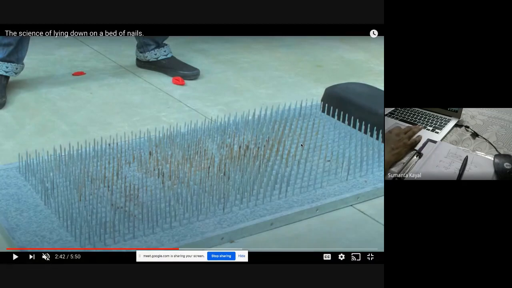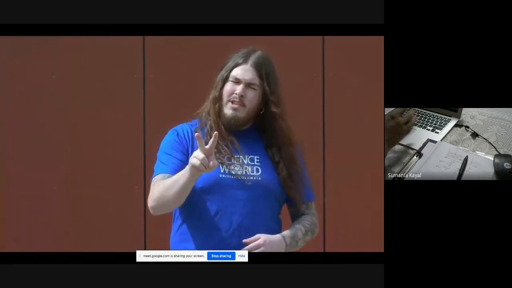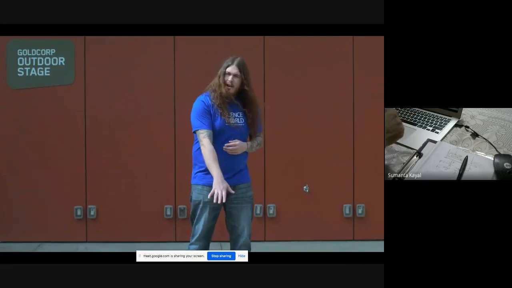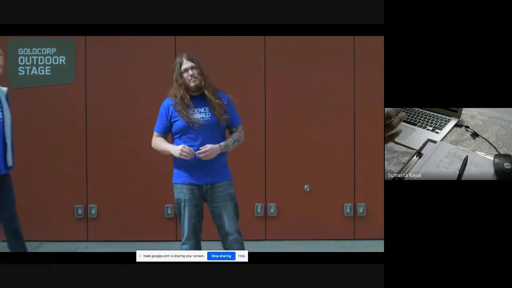Now what I am trying to show by this video is that if you stand on this nail bed, the nails won't pass through your legs or your hand. One man will be laid down on the surface of the nails, and after that a hammer will be crashing bricks on him, the hollow cement bricks we use to make our buildings.